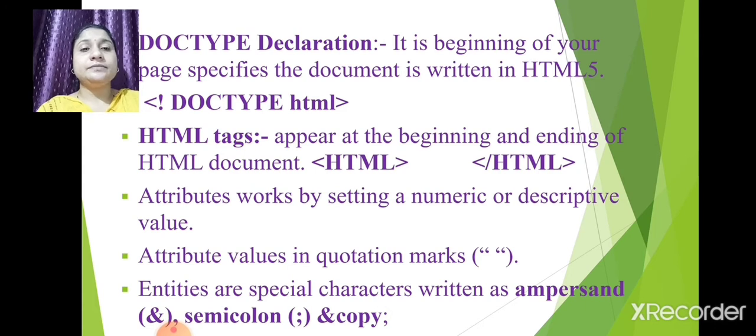Then entities, these entities are special characters written as ampersand and semicolon. For example, see here, copy is written, ampersand, copy, then semicolon. It shows you a special character, the copyright character. For this the entities use ampersand and semicolon.